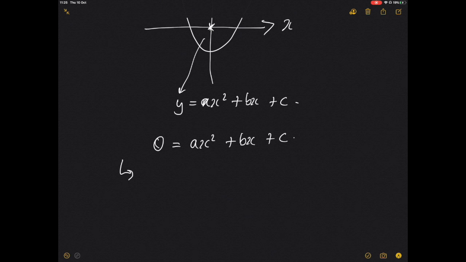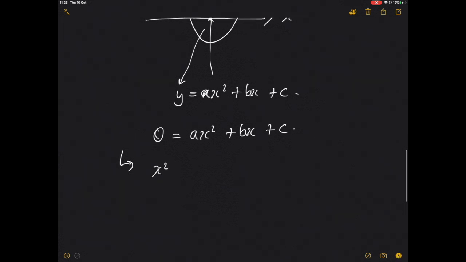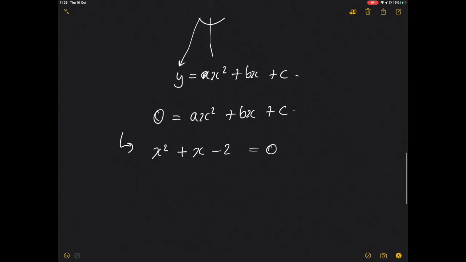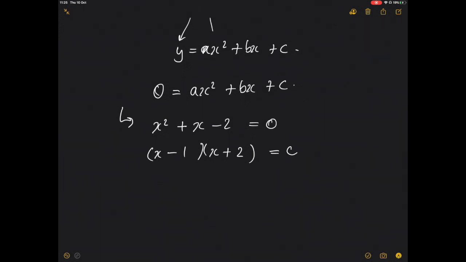For example, if this had been x squared plus x minus 2 equals 0, and we factorized it to find our two factors, we've got a 1 and a 2, so that would mean we have a plus and a minus. So we open our two brackets, with an x here and an x here. So 1 times minus 2, will that be right? Yes, no, we want a minus 1 times plus 2. So we have a minus 1 and a plus 2 in the brackets here. We can say that this equals 0.